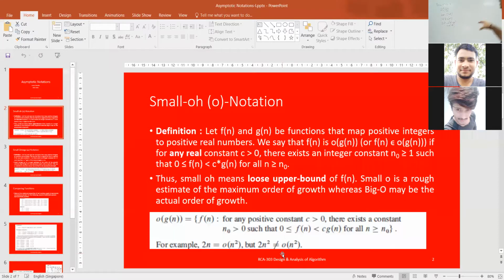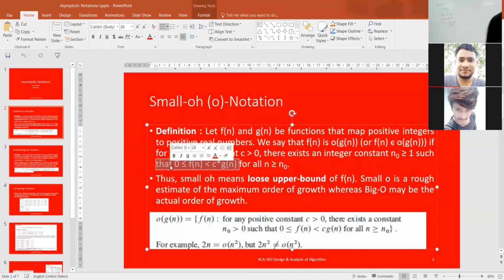But in small o notation, the value is greater than what big O gives. If you see this line here, for big O notation we write 0 less than or equal to f(n) less than or equal to C into g(n).